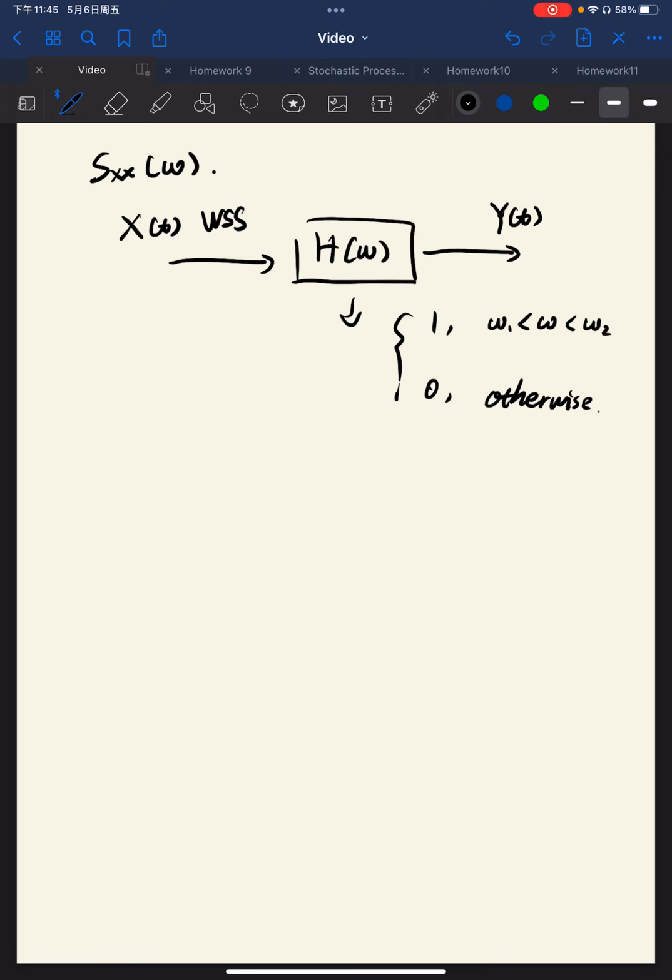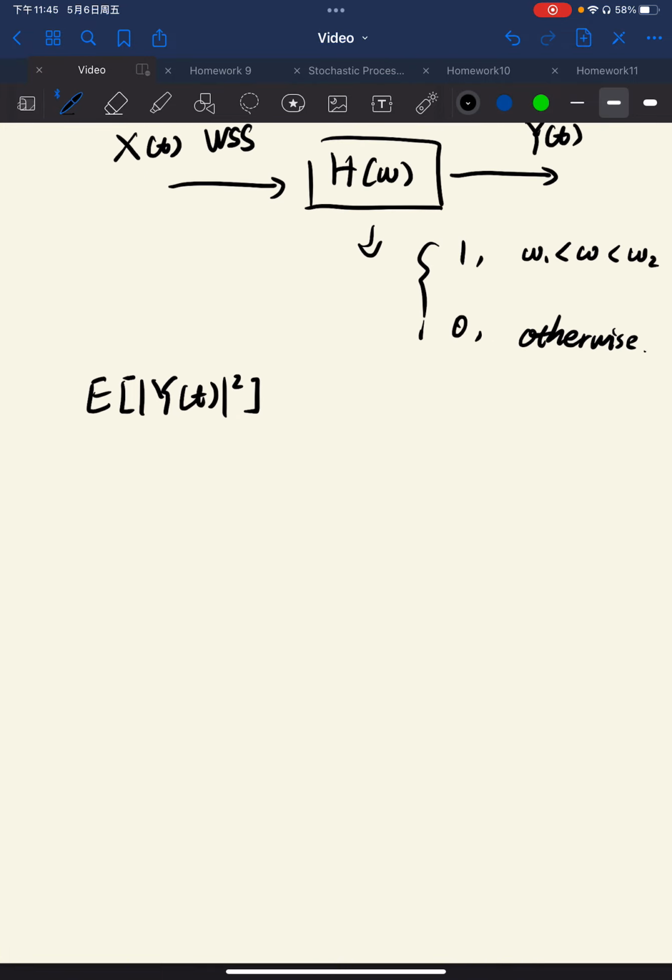Then finding the expectation of Y(t) squared can help us to find its non-negativity. We know that the mean square is always larger than or equal to 0.